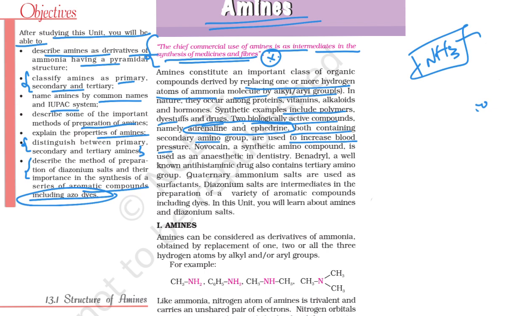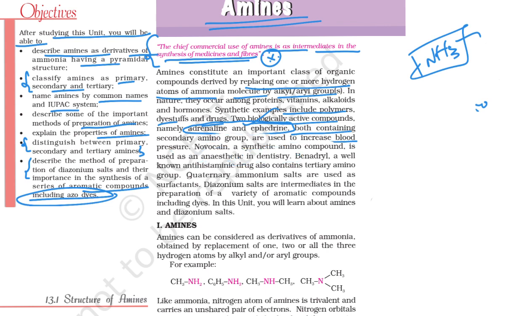Adrenaline and ephedrine, more important. Then novocaine, a synthetic amine compound, is used in the anesthetic industry, in dentistry, whatever is related to the mouth and teeth. There it is used as an anesthetic. Then one more example, that is Benadryl.